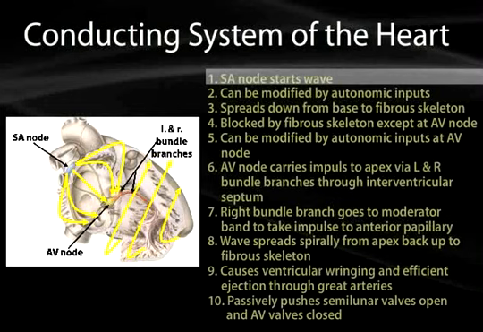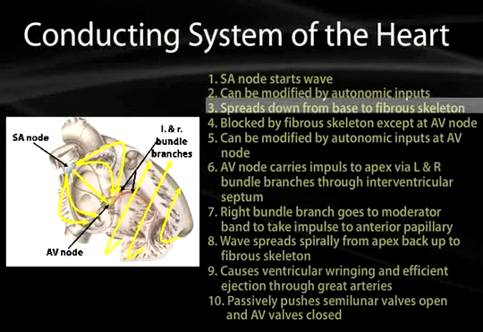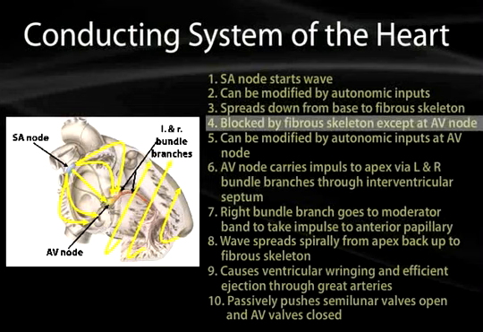We'll start with the SA node, which will get direct input from the autonomic system, and will send a depolarizing wave through the atria, which will then hit the fibrous skeleton, which is inert. The only spot that will allow that depolarizing wave to continue is those hyperpolarizable areas of the AV node.